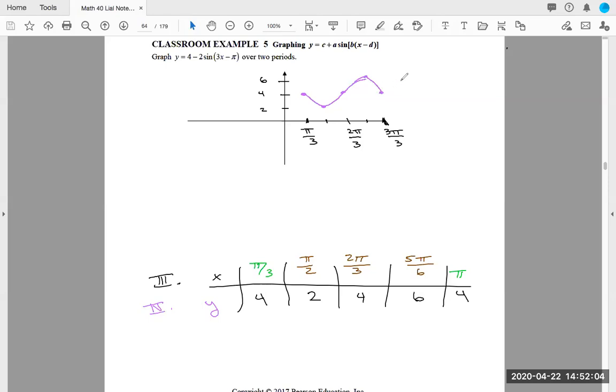Okay, so lots of things going on right here. Let's look at our form again. What we changed this to was y equals 4 plus negative 2 sine 3 times x minus pi over 3. Essentially this negative here, actually I'll wait to another video to explain.